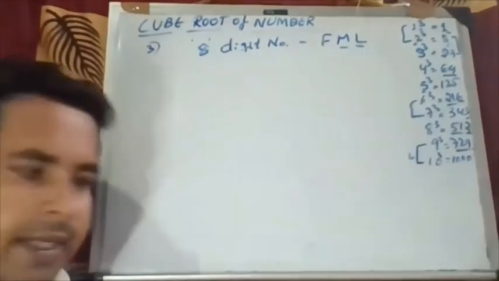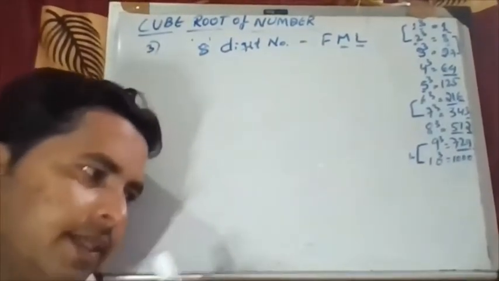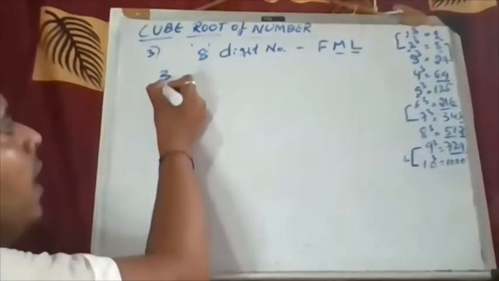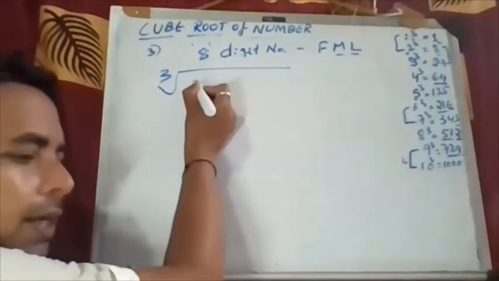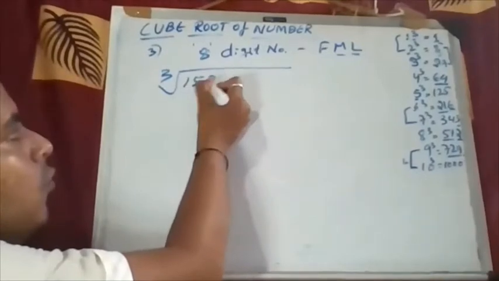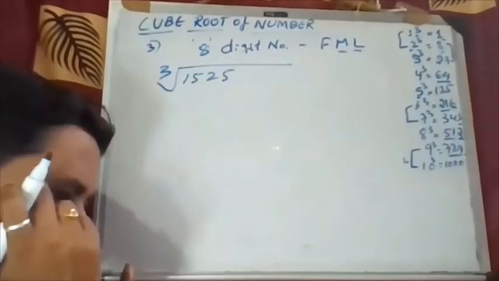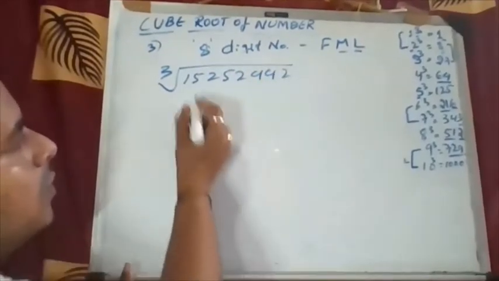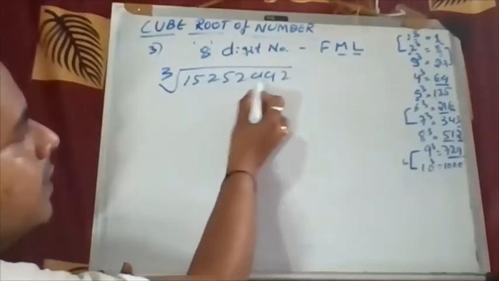Now 8 digit के लिए कैसे करना है? Consider the number 15252992. The cube root of 8 digit. Okay, so this is the 8 digit, 1 2 3 4 5 6 7 8.